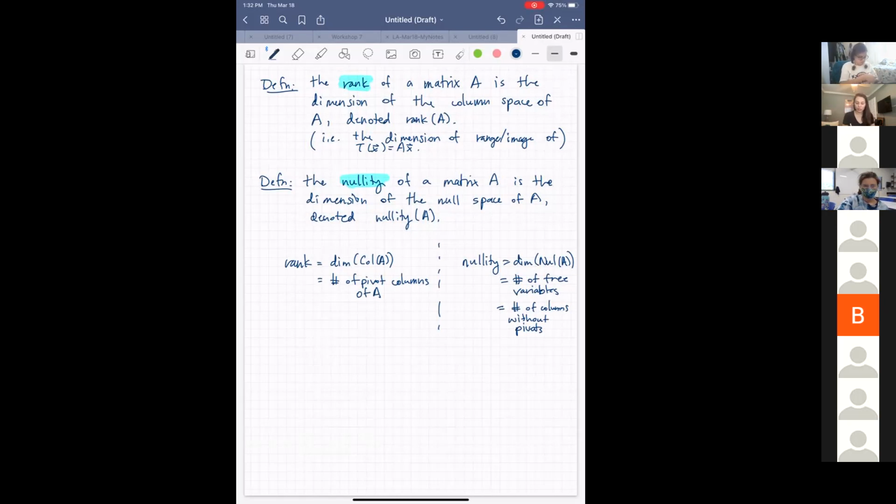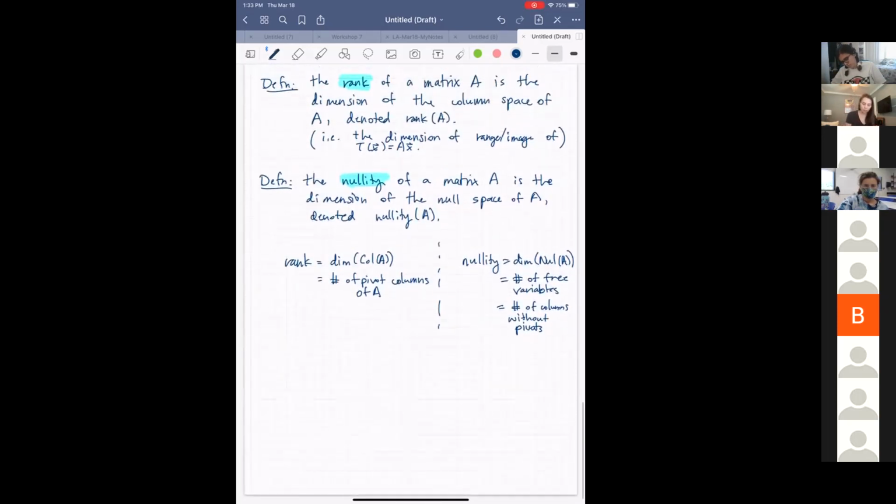Okay, so just looking at this, the rank is the number of pivot columns, and the nullity is the number of columns without pivots. So if we add those two things together, we should get the number of columns of A, because a column either has a pivot or does not have a pivot.